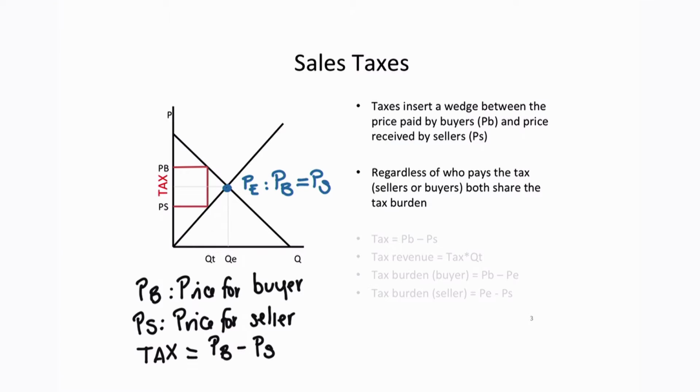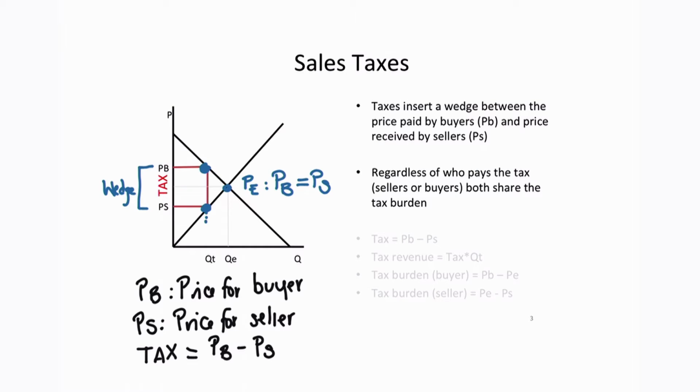When we have a tax, this tax creates a wedge between the prices for buyers and sellers. Now, as you can see, because the price for the seller is lower and the price for the buyer is higher than what they would receive in equilibrium, by the law of supply and demand, this tells us that the quantity sold in this market is going to be lower, QT.